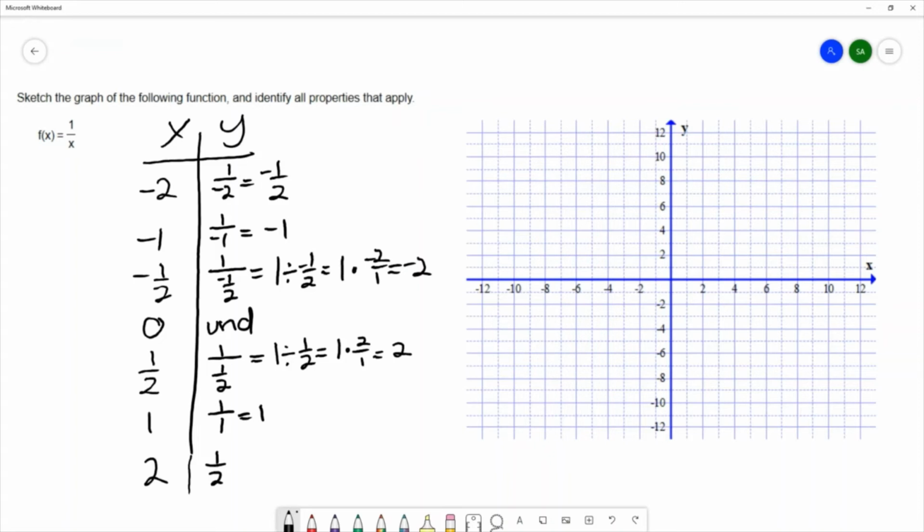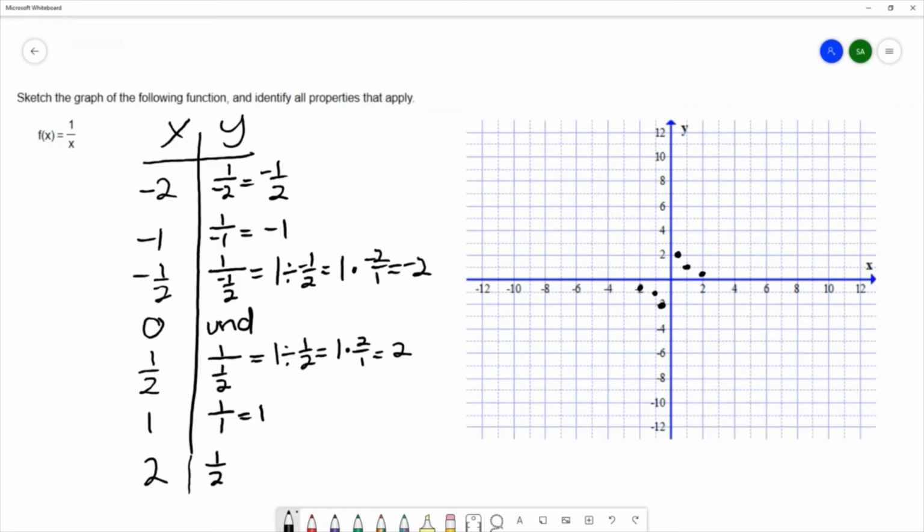So I have a list of ordered pairs, which I'll plot on my picture. I have -2 and -1/2, -1, 1, -1/2 and -2, 1/2 and 2, 1, 1, and 2 and 1/2. I can connect these points.